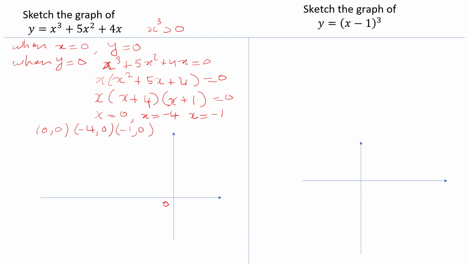Now mark the coordinates 0, 0 and minus 4, 1, 2, 3, 4, minus 4, minus 1. So the coordinates 0, 0, minus 1, 0, minus 4, 0. The x cubed is positive. So the graph starts from the bottom left hand corner.